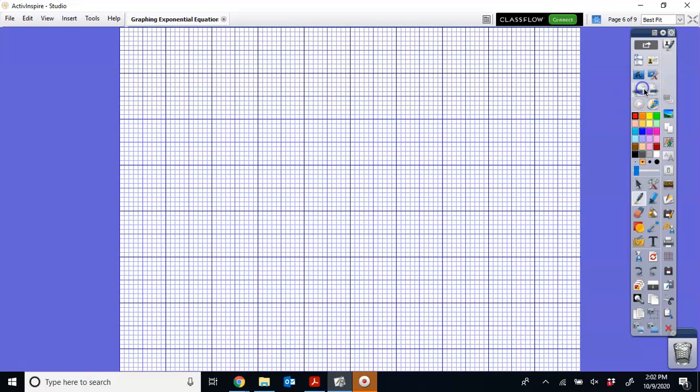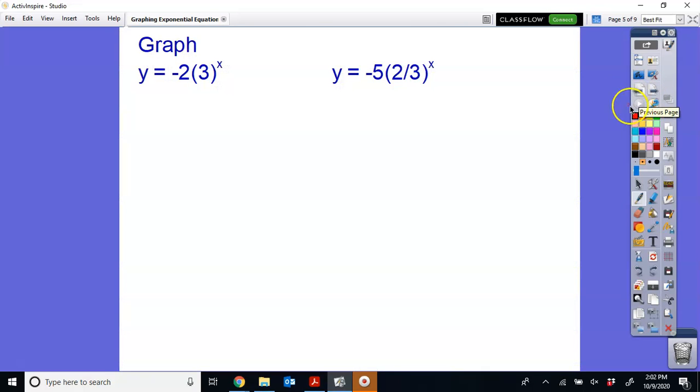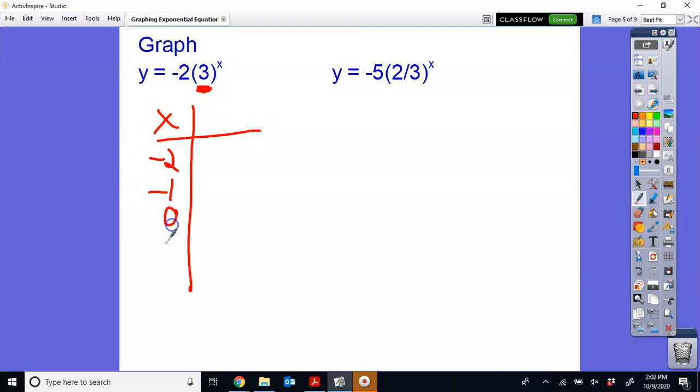Last thing I want to show you is be careful with ones like this, because if you see this 3 right here, it is supposed to be exponential growth. But if I make my table of values, I might panic, because if I start plugging in these numbers, I'm going to end up right here with -2/9. That's a decimal.